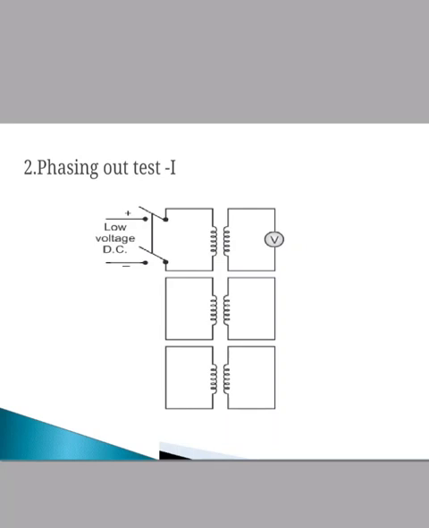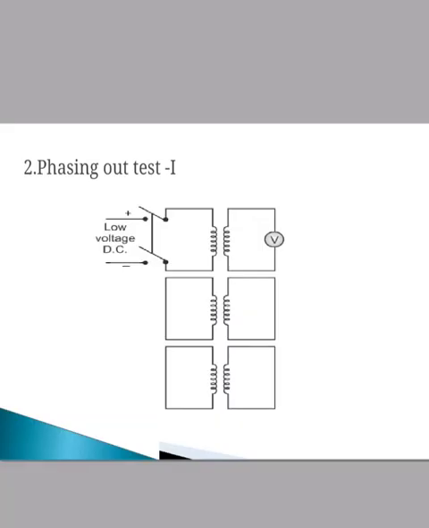If the voltmeter does not deflect when the secondary connections are made as before, then short circuit the secondary winding across which the voltmeter is connected, connect it across another secondary winding, and repeat the test. If we give the supply to the primary winding of one phase, and similarly connect the voltmeter to the secondary winding of one phase, if it gives a deflection, then it is the correct phase.